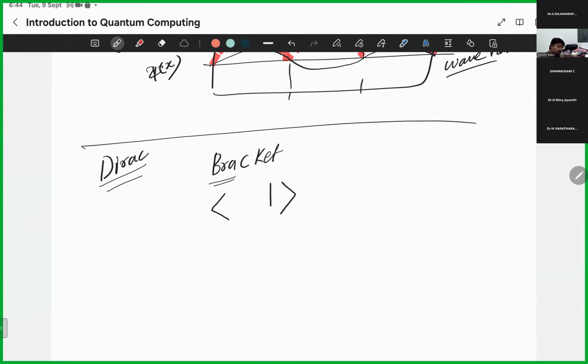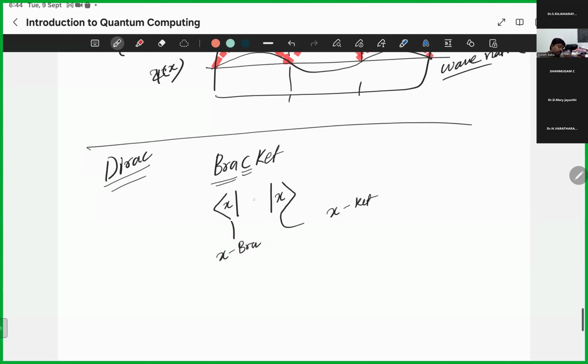If you add a straight line to both of them and add a variable, this is called x ket. This is called x bra. And C, which is not used here, is actually used as an operator. It can be some kind of unitary operator or it can be a gate. It's kind of a probe. So that is how Dirac introduced it.